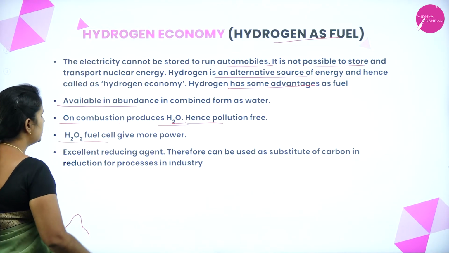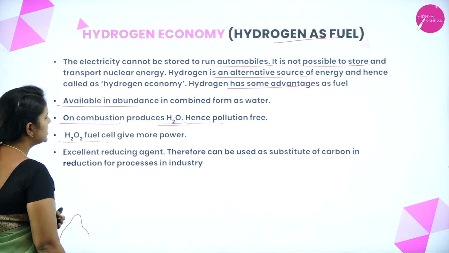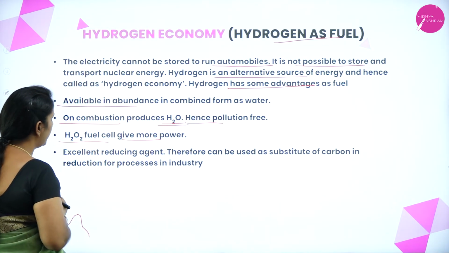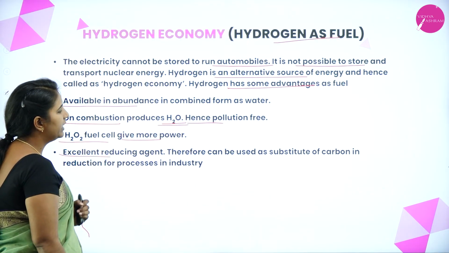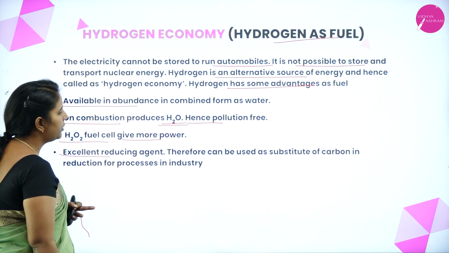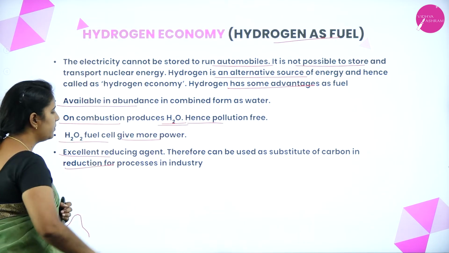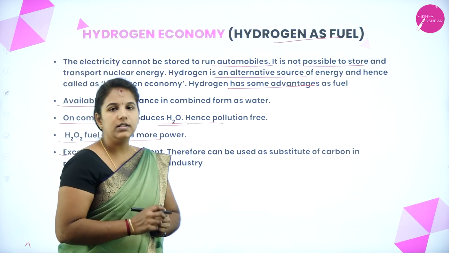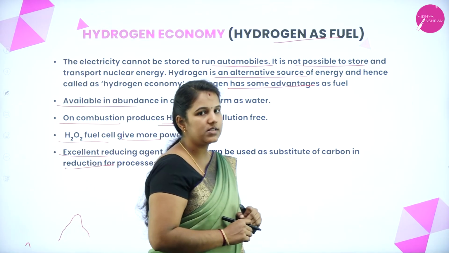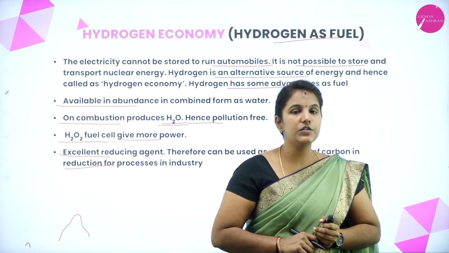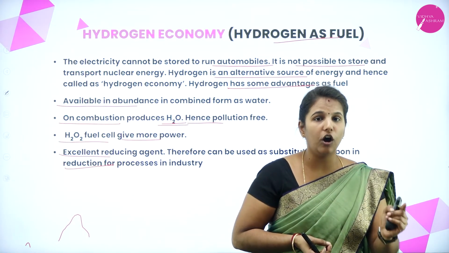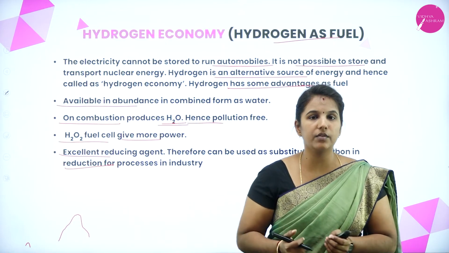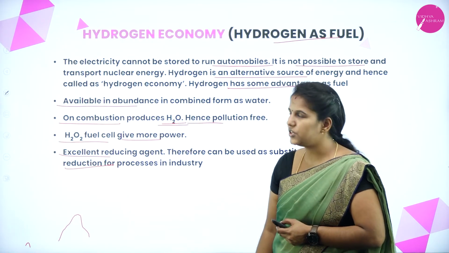The hydrogen fuel cell will give more power, and hydrogen is an excellent reducing agent, and it can be used as a substitute for carbon in reduction processes in industry. This is how we can easily understand why hydrogen will be used as one of the main sources of energy, an alternative when compared with electrical energy.